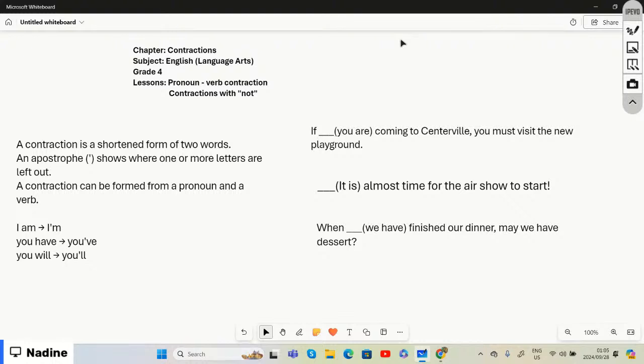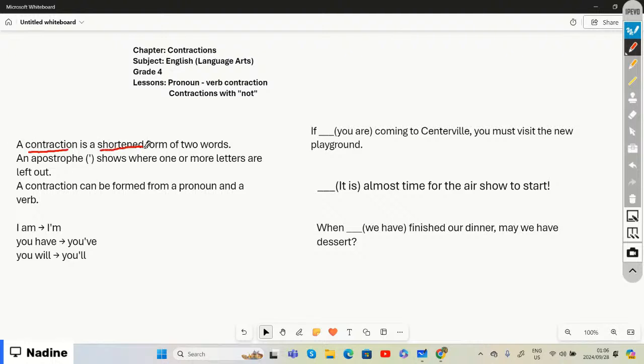All right. So, a contraction, right? It is a shortened form of two words.